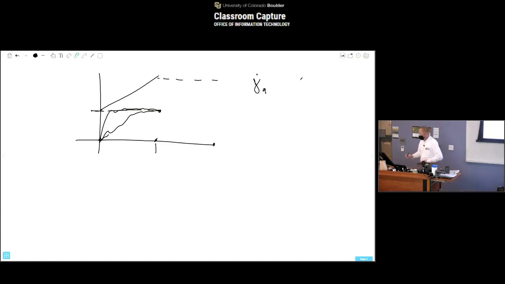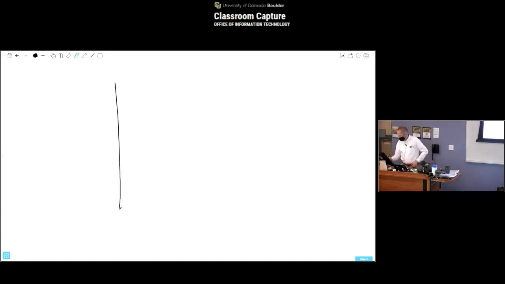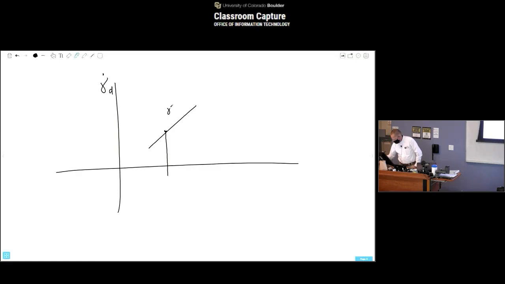Let me do a different plot. Looking forward, if this is my gamma D dots, currently I am here, right? And I know my gamma D double dot, which gives me the local slope that you would have. You could just say, as time progresses and my next update is here, instead of just holding this gamma D constant, I'm going to linearly vary that until I get the next time step.